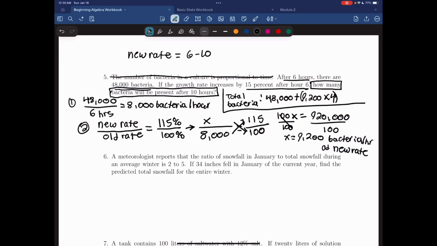And when you do order of operations, recall you do multiplication first and then you add. And then when you do that, you get a final answer of 84,800 bacteria. There you go.